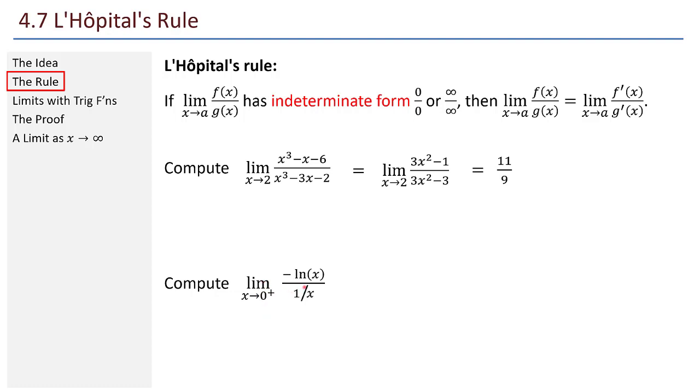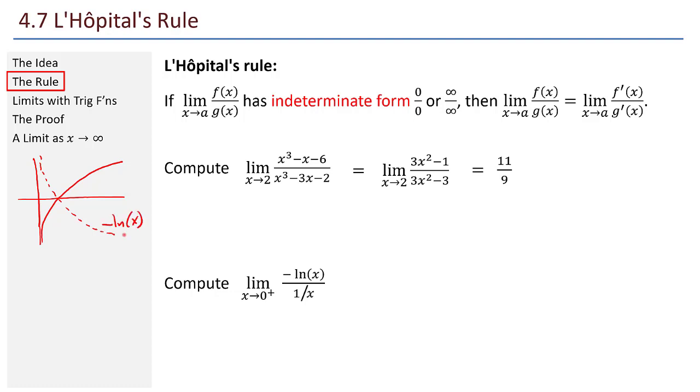What do these functions look like? Let's take a look here. Here's the natural log of x. So the natural log of x looks something like that. But in the numerator, I'm looking at negative of the natural log of x. So imagine flipping that over, something like that. So here we go, negative natural log of x.